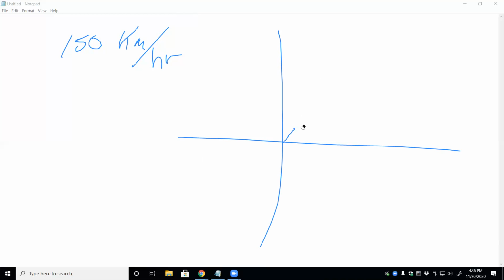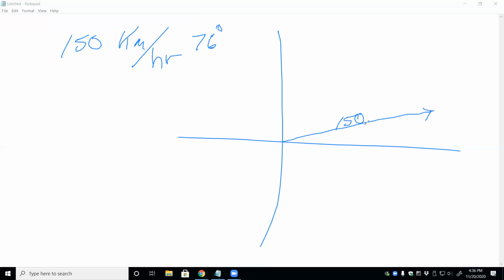Okay, hold on. Let me get my picture down here. The bearing is measured from the north, right? And you said this had a bearing of how much? 76 degrees. Yeah, basically like that for the plane. There's the airplane. Do I have my picture right?